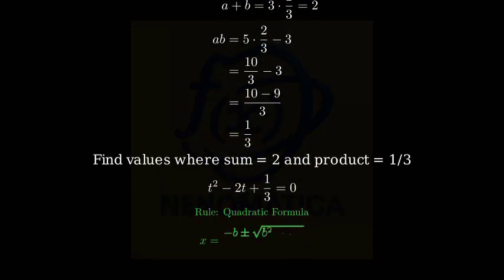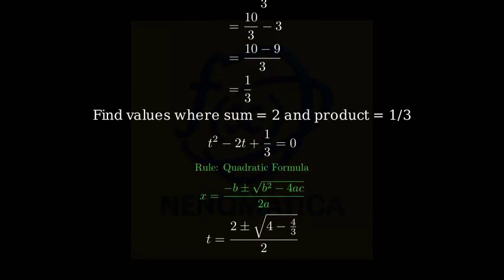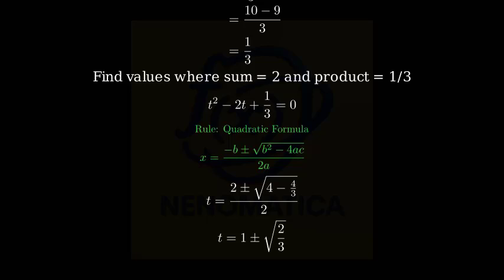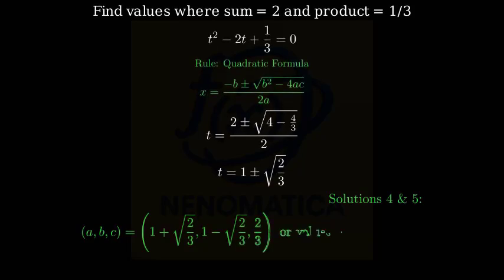Using the quadratic formula, t equals 2 plus or minus the square root of 4 plus 4/3, all divided by 2. This simplifies to t equals 1 plus or minus the square root of 2/3. So we get two more solutions: a equals 1 plus the square root of 2/3, b equals 1 minus the square root of 2/3, c equals 2/3, or a and b switched.